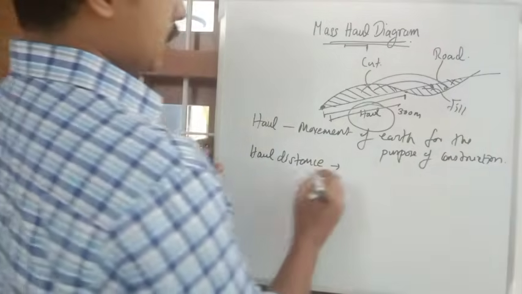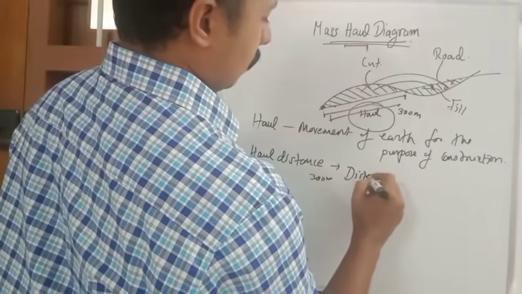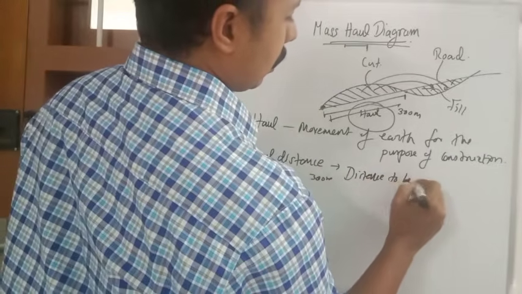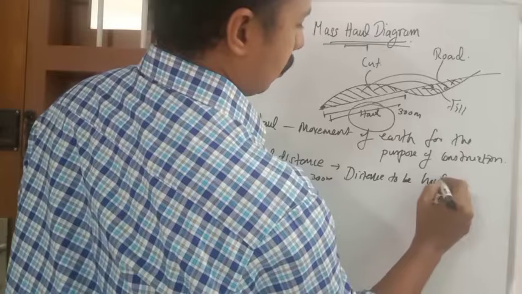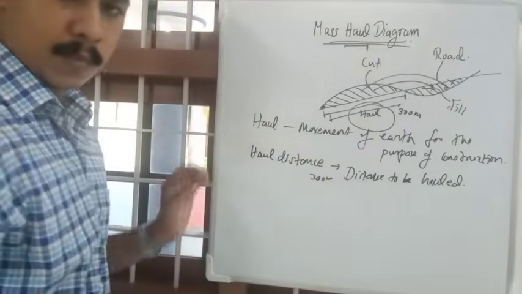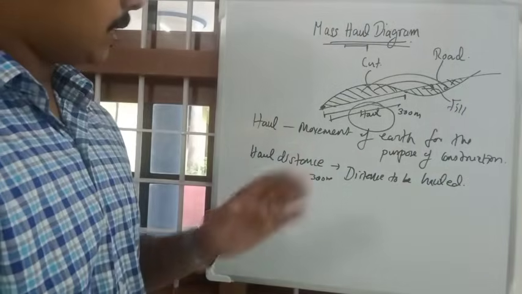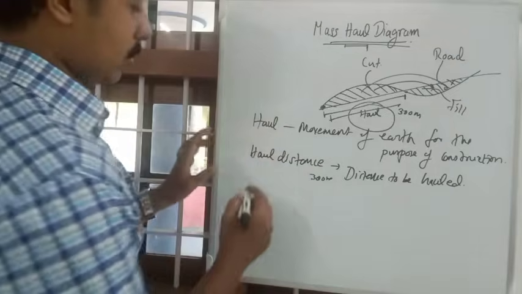So haul distance is the distance to be hauled. Then there is average haul distance.